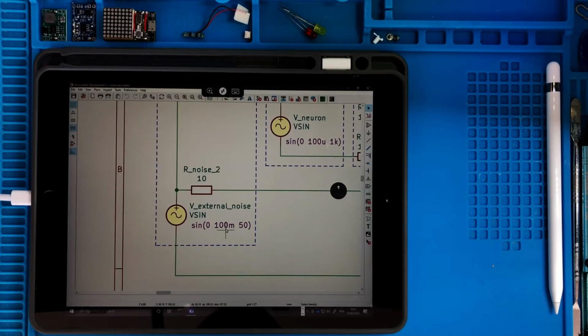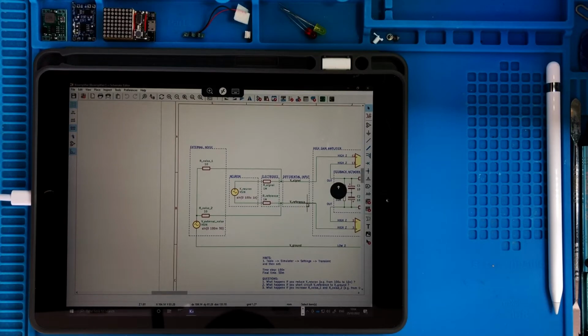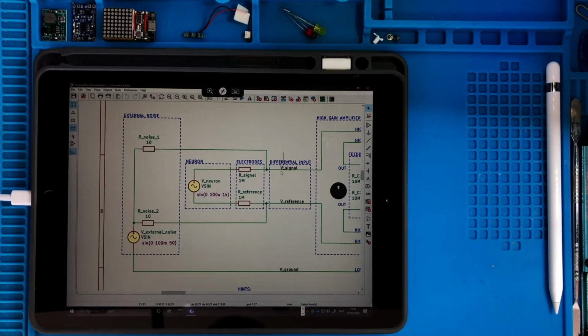So you see the signal that we are adding as noise is 1000 times more than the signal generated by our neuron of interest. So there's a huge amount of noise. But this noise is applied to both inputs. So the amplifier is doing its job in quite a good way. It's completely suppressing this noise and amplifying only the difference.